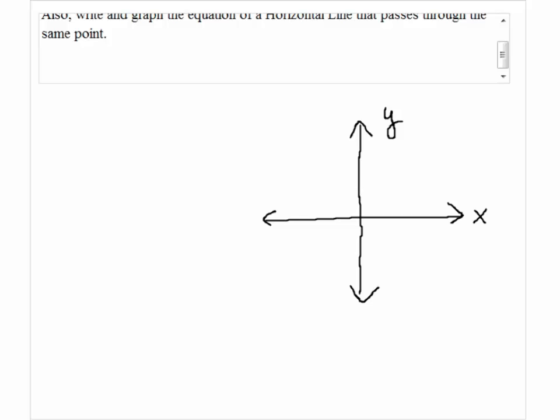The point that we are given is (1, 4), so we go over by 1 and up by 4. So the point is right here.